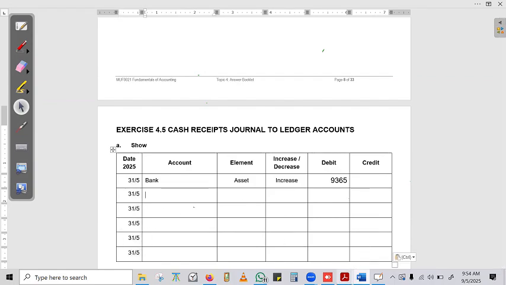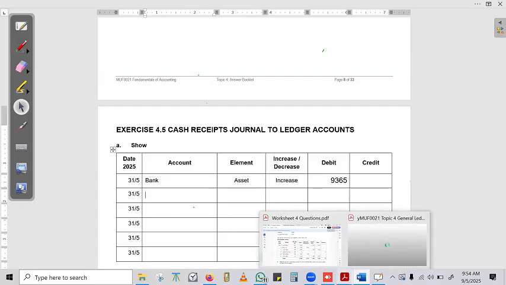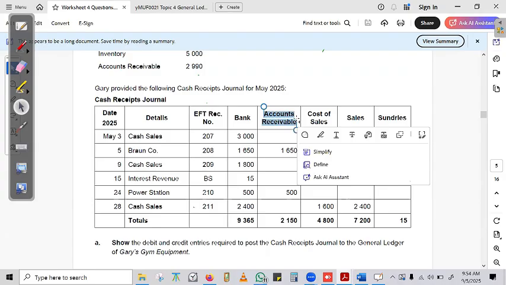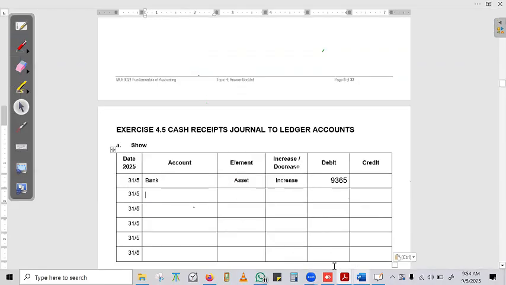Then the second account, right, is accounts receivable, right? Now in accounts receivable, what is happening is we are getting money from accounts receivable, right? So bank increase and the other account is accounts receivable. Now when we get money from accounts receivable, did accounts receivable increase or decrease?